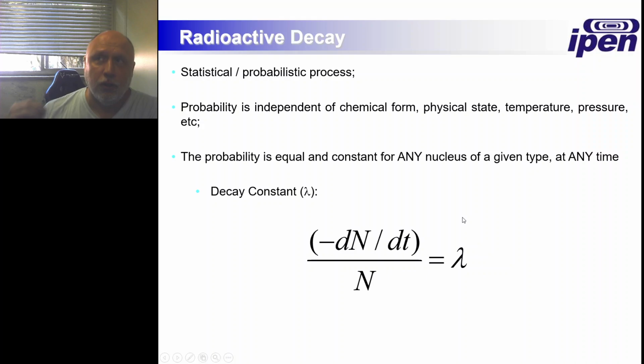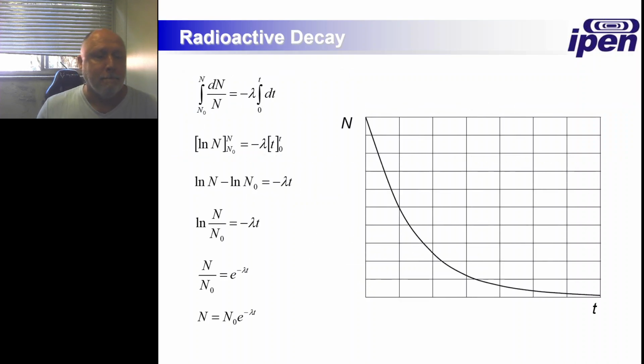If there's a very low chance it will decay per second, it will decay slower, right? This is what the decay constant is. It's a characteristic of any nuclide type that defines how fast or how slow it decays.